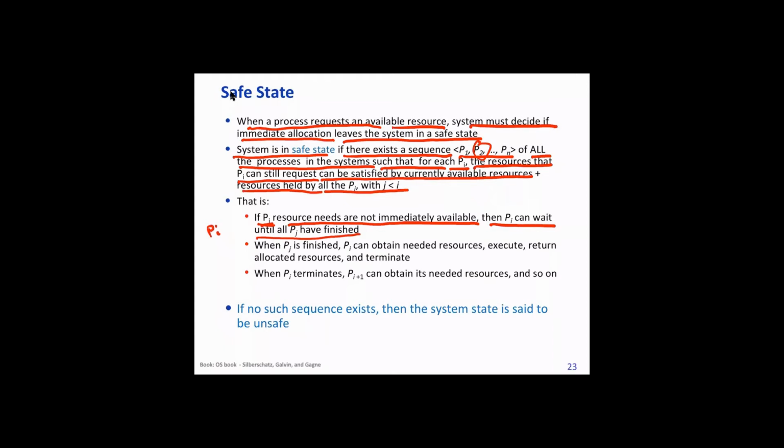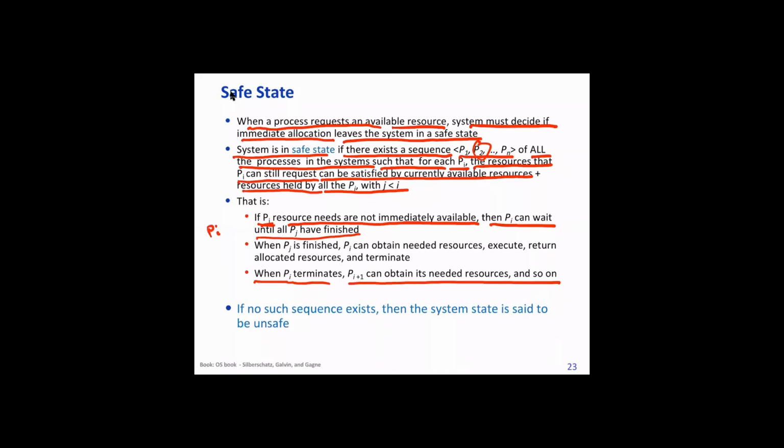When Pj has finished, these resources can be taken by Pi, and it can execute, complete and return the resources. Then the next process can continue from there. So when Pj terminates, Pi terminates, Pi+1 can obtain the needed resources and so on.